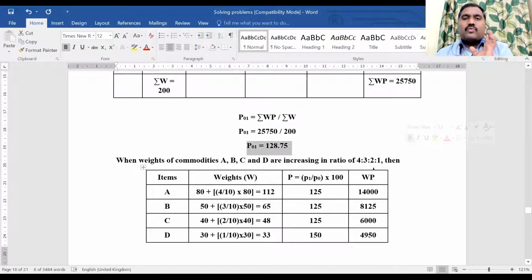and this is the price index for the given weightage. Now what they are asking is the change in the index number, so we need to find the difference.